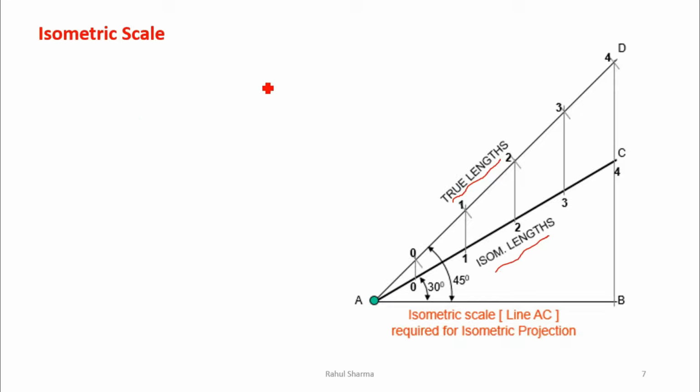I told you in isometric projection, whenever we draw the diagram, we have to reduce the dimension, so its length and height both will be reduced. But how will it be reduced? There is a formula: the reduced length will be equal to 0.815 times the actual length.